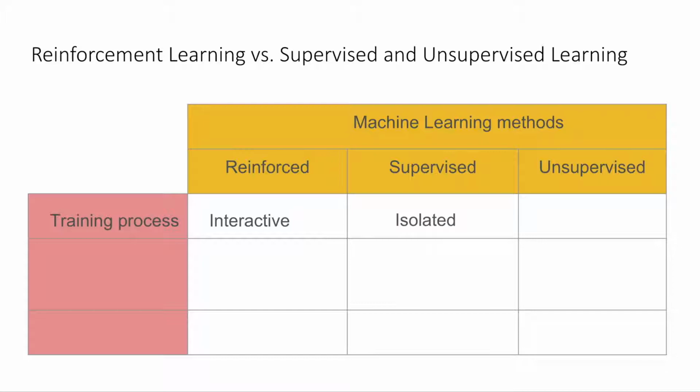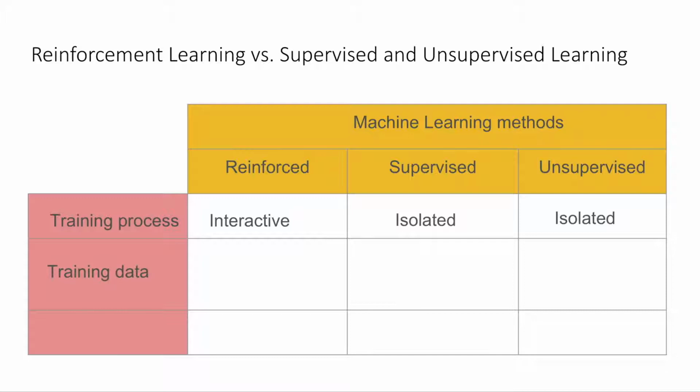But in supervised and unsupervised learning, the training process is isolated from the real environment, meaning the model is not getting its training directly by interacting with the environment.